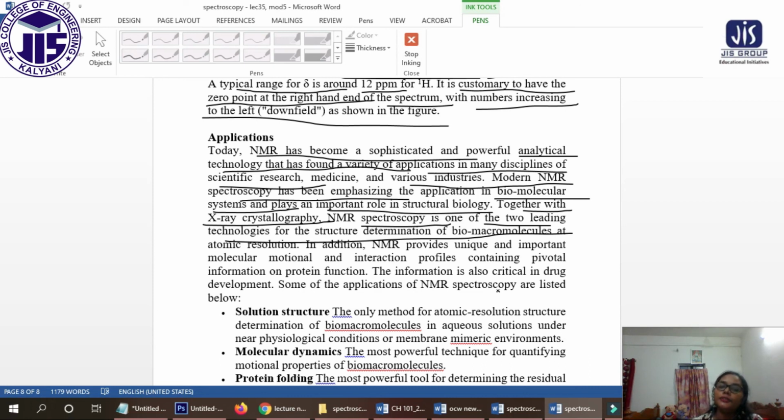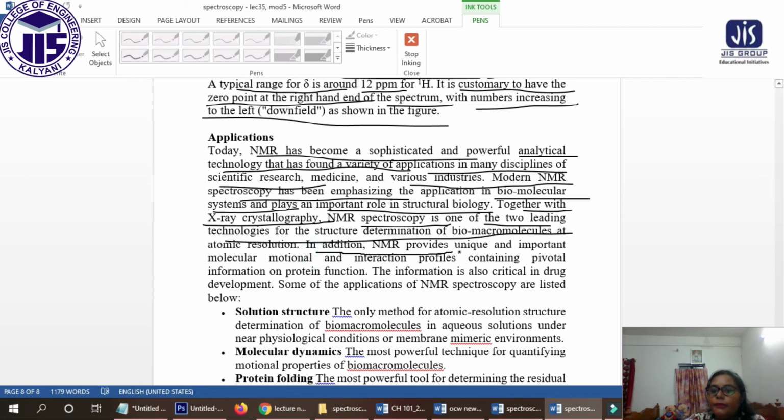From NMR spectroscopy we can also find out some of the groups and structures of the biomolecules.